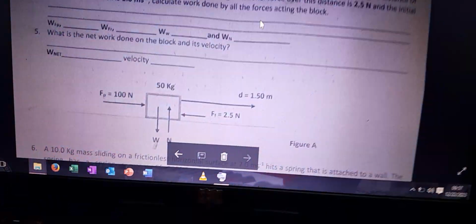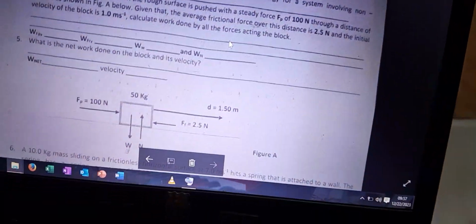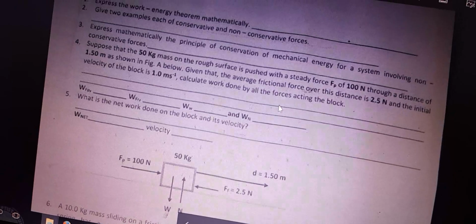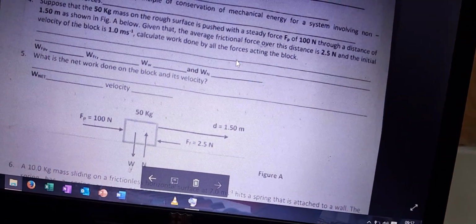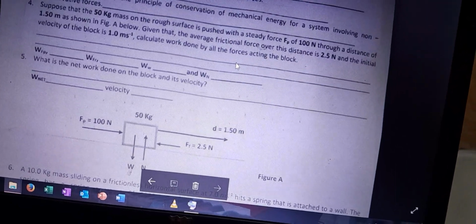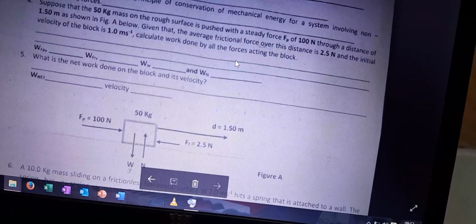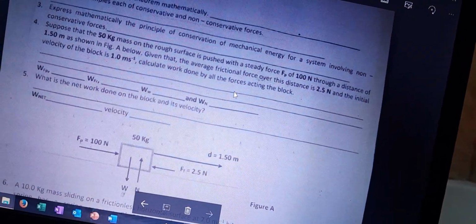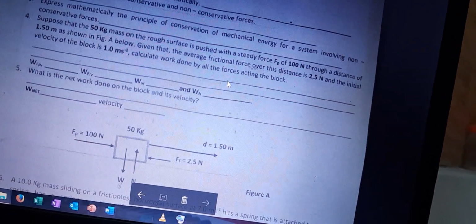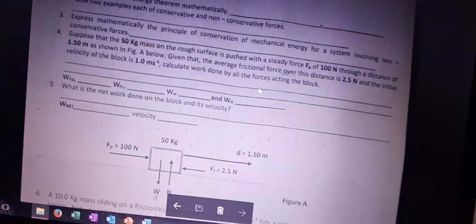It only depends on the initial and the final position. Whereas for non-conservative force, it depends on a specific path. The work done by this force can vary depending on the route an object takes from one point to another.